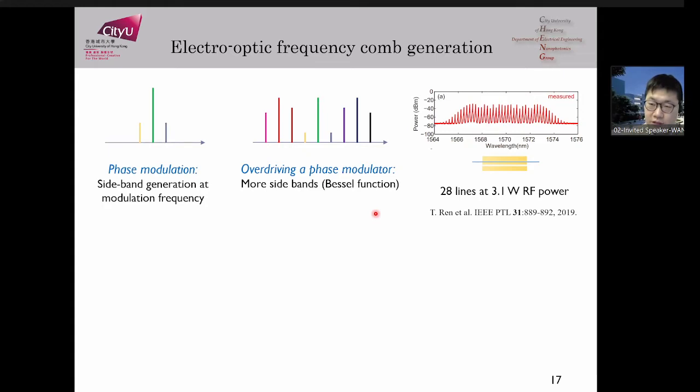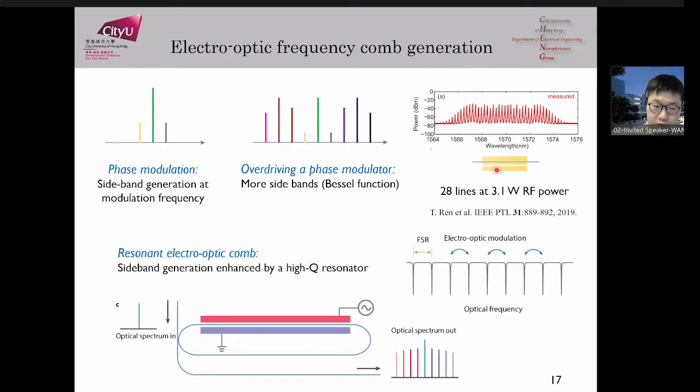Right, so we started to think whether you can actually reduce the RF power consumption, and one idea here is that, as I said, the system has very low optical loss, right? But if this optical signal only goes through the modulation area once, then it is a waste of the low optical loss property, right?